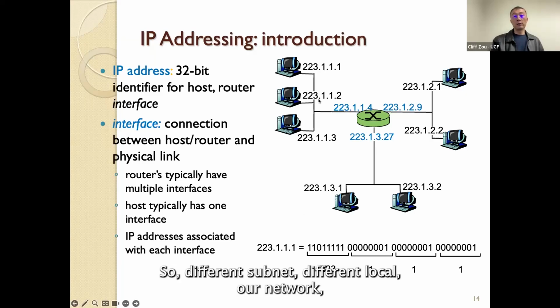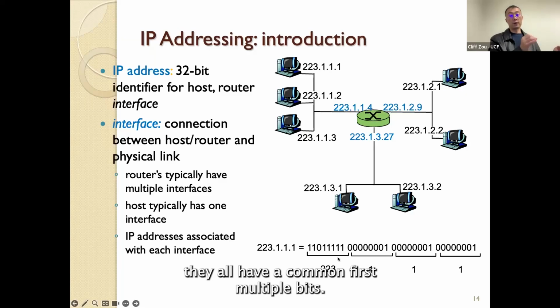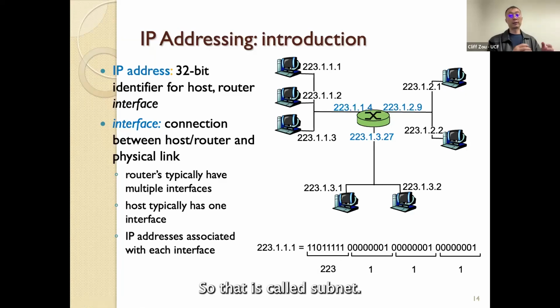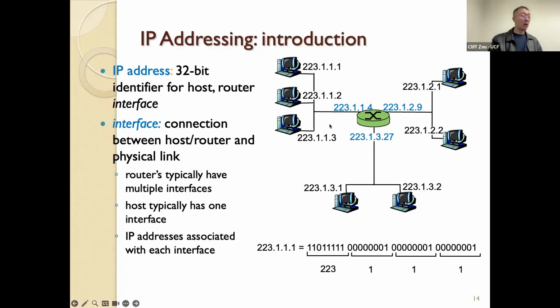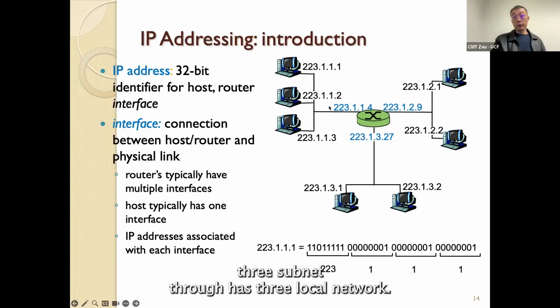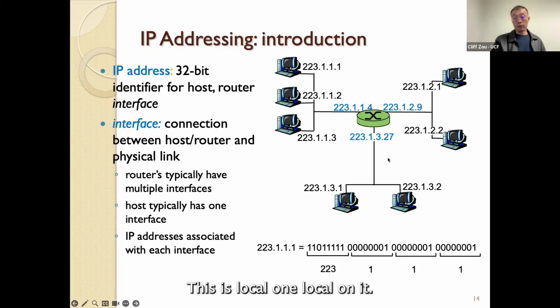So different subnets, different local area networks, each have common first bits. That is called a subnet. This network has three subnets, three local area networks. This is one local area network, and this is one local area network.